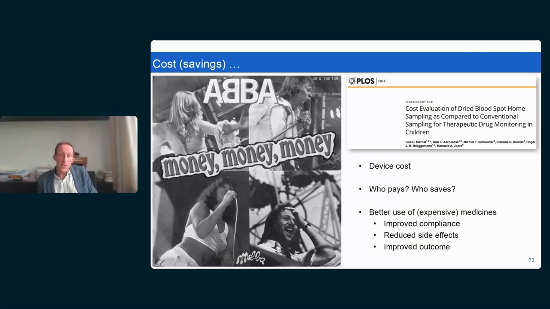Obviously, there are several things that we need to take into account. There's the cost of the device. Like I already said, this could pose a hurdle. And also, who will pay for the device and who will save on costs? For instance, we could consider that the patient may pay to some extent for a device, because if the patient doesn't need to go to the hospital just to have a blood draw, then the patient may opt, okay, I will pay $10, I will pay $20 to have a device that allows me to sample in the home environment, because I don't need to take a day off.